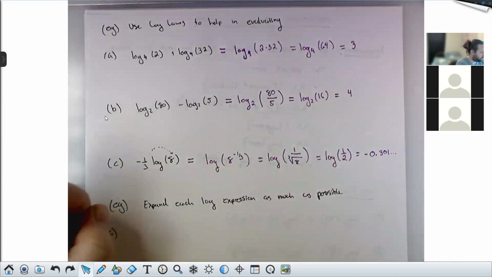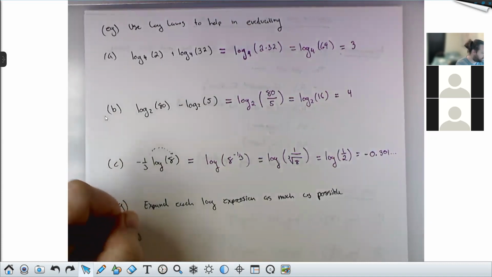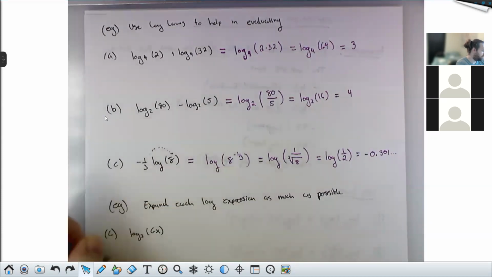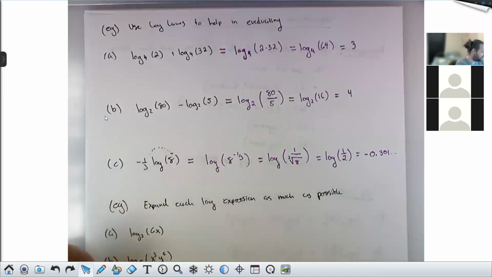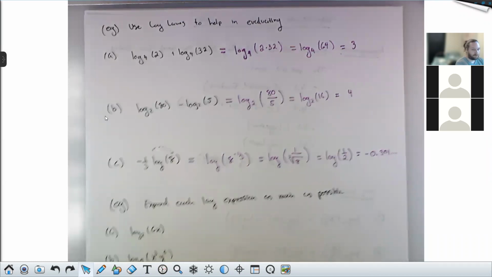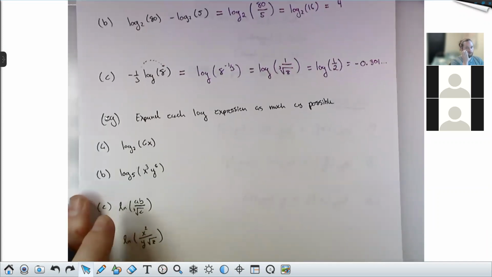And if you're following along in the book, I'm going to add one more here because I feel like this is a little sparse. So these are the expressions we're going to expand.